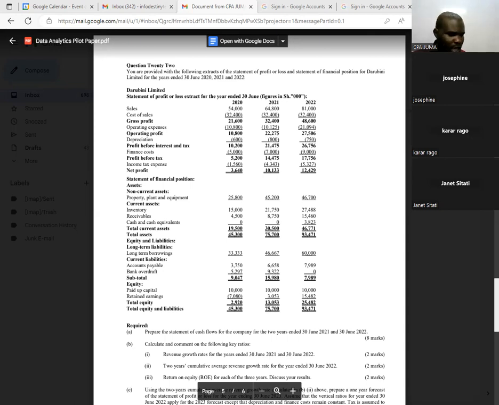So you'll have 2021 and 2022, and all are in shillings. The shillings are in thousands.